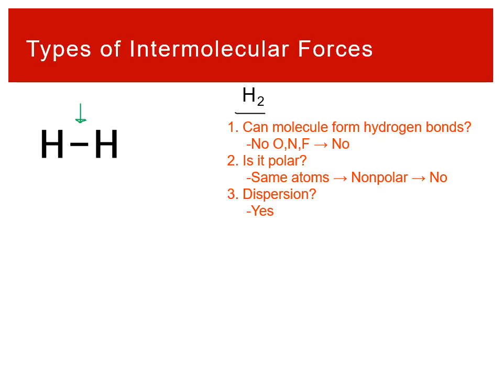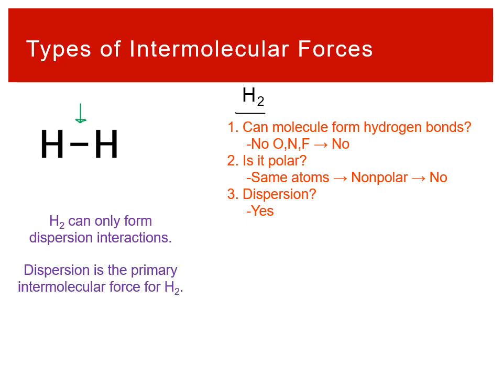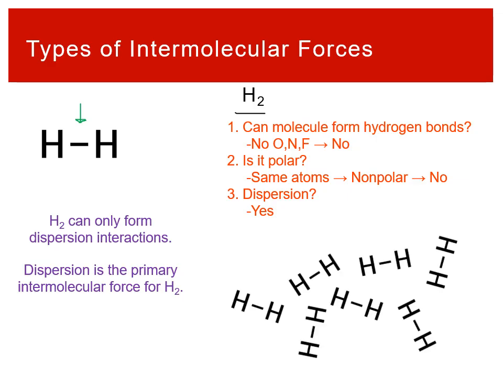This molecule has electrons. Yes, it can do dispersion. H2 can only form dispersion interactions because it's nonpolar. Once we know it's nonpolar, they can only form dispersion. So that's the primary intermolecular force. It is the weakest of the intermolecular forces, but it's the strongest that hydrogen molecules can do. Thus, it determines how they interact.